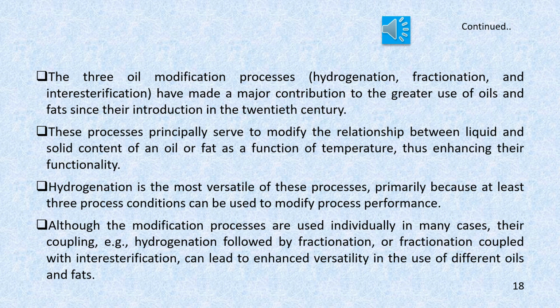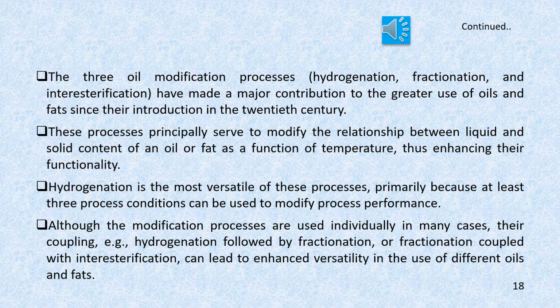The three oil modification processes, hydrogenation, fractionation, and interesterification, have made a major contribution to the greater use of oils and fats since their introduction in the 20th century. So, in the 20th century, the modification methods were used to achieve some useful properties of oils and fats.